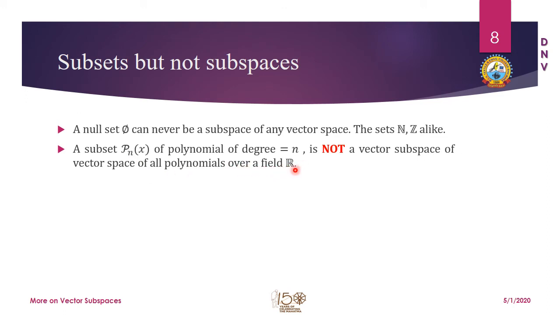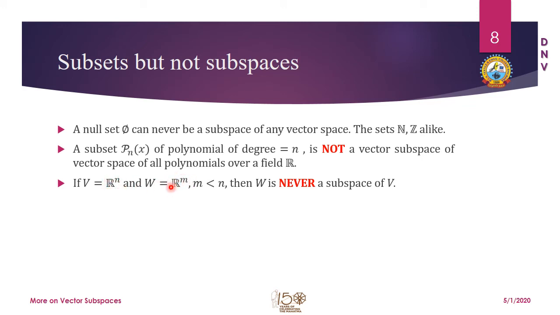So next example we are taking: if V is a Euclidean space Rn and W a set of vectors in Rm, but it is very clear that when m is less than n, that is the number of tuples in this subset W is less than the number of tuples in Rn, then it can never be a subset of Rn.